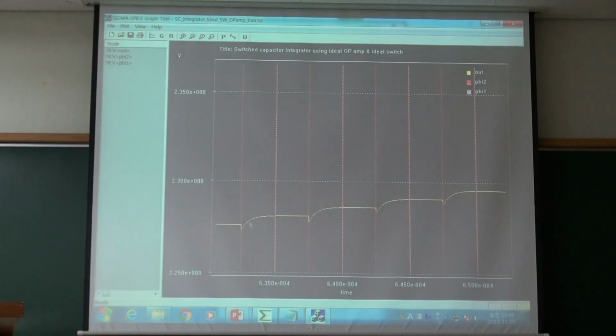Yeah, so it just settles constant. If you put some MOS switches, you have some droop here because of some leakage. But this is ideal switch, giga ohm, so it's just flat.